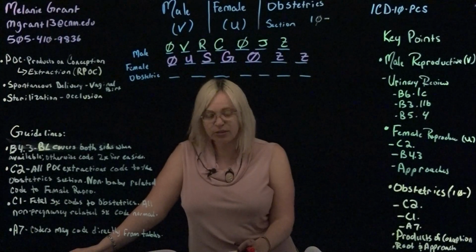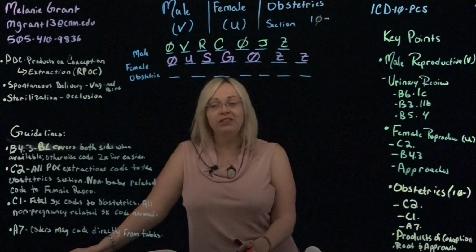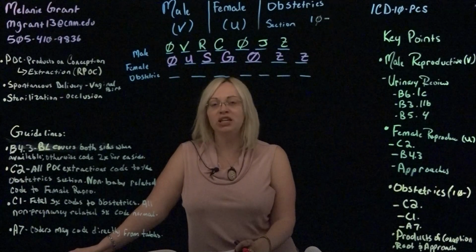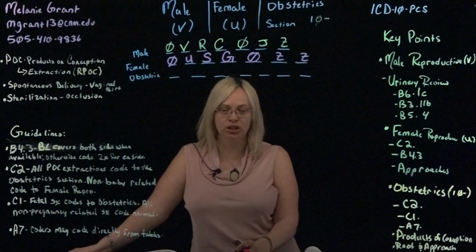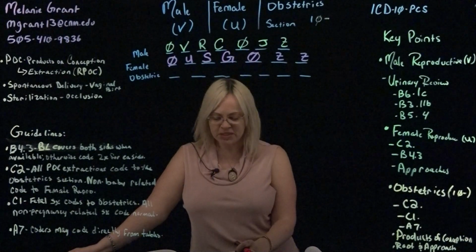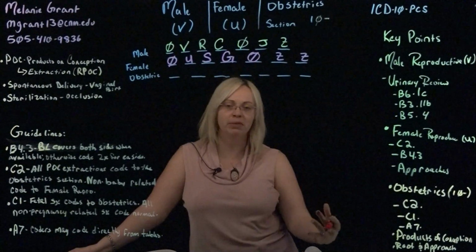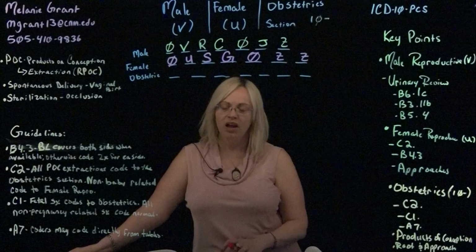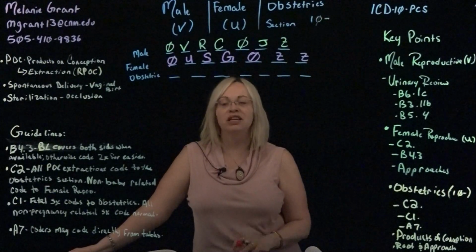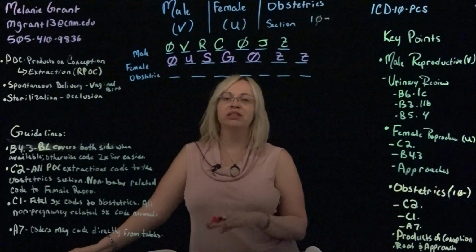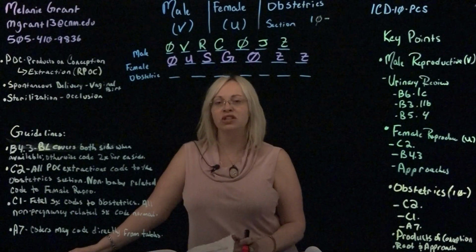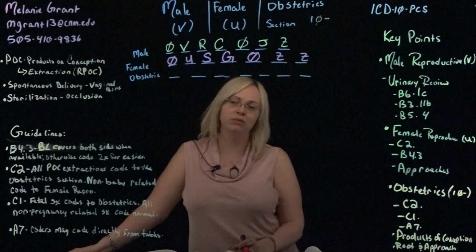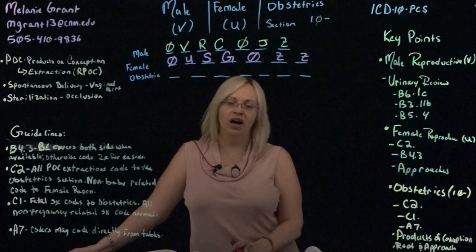Any kind of cesarean procedures, even though it is cutting open the patient, you're still going to code for the root operation extraction, because the purpose of the procedure is to remove the baby from the body. Also, unlike other coding sections, there isn't a difference in a C-section done to a patient who had previously had a C-section, or a vaginal birth to a patient with a previous C-section.